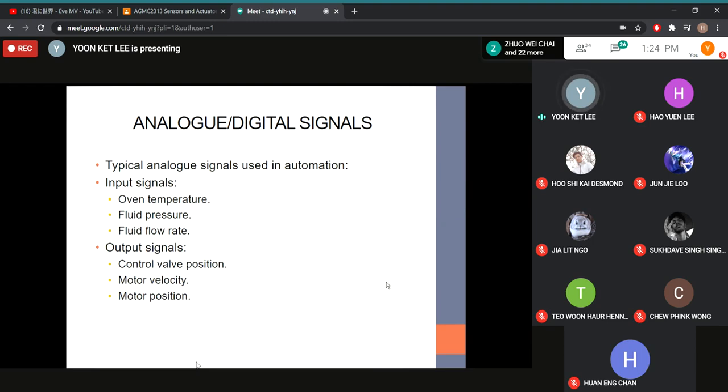Digital output or analog output? How about the output, guys? Come on. Light. Okay, why do you say light? Because there's either light or there's no light.